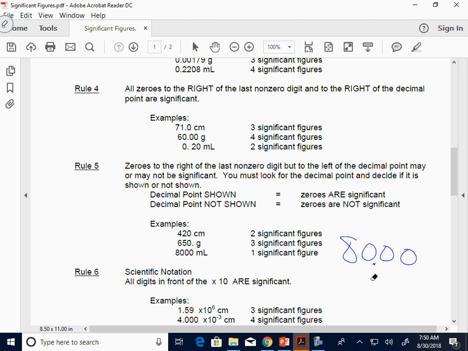What I need to do is put a bar over that. So that bar on the top says that that 0 is significant. So that would be 2 sig figs if I put a bar there. I could put a bar over any one of those, and they would be significant then.